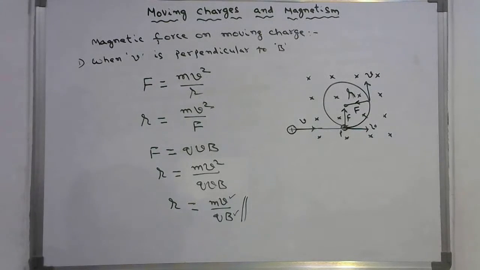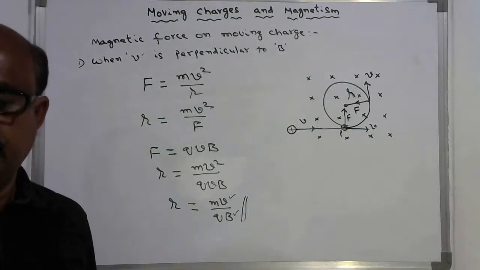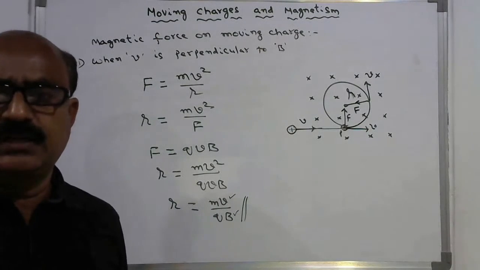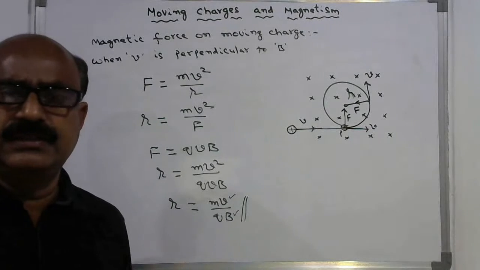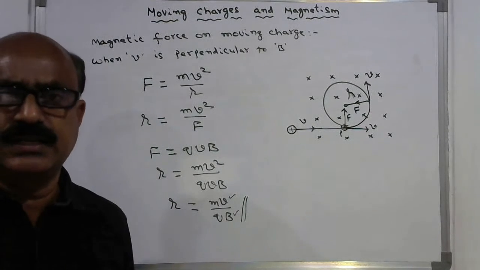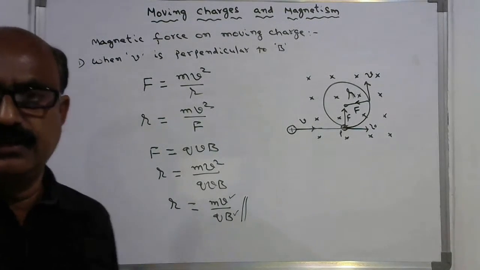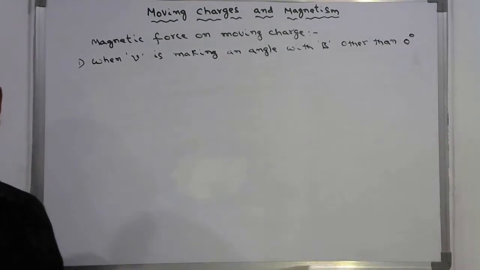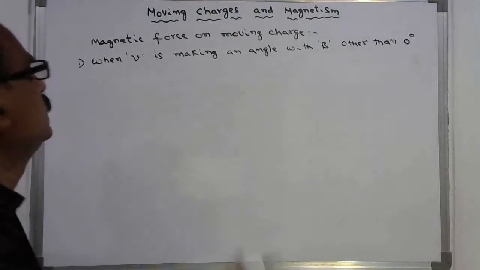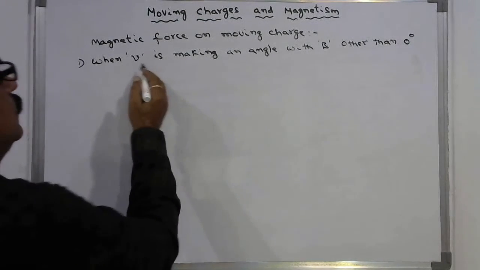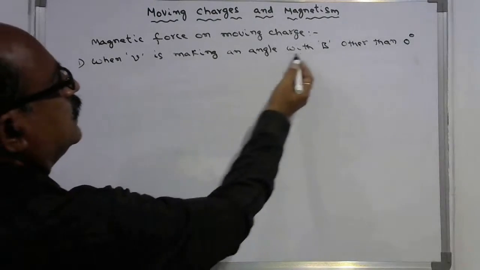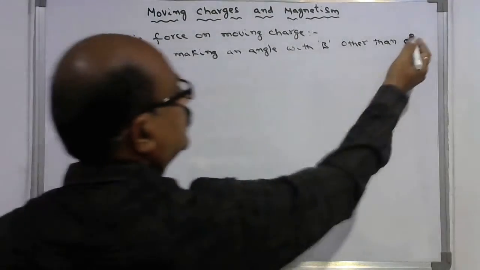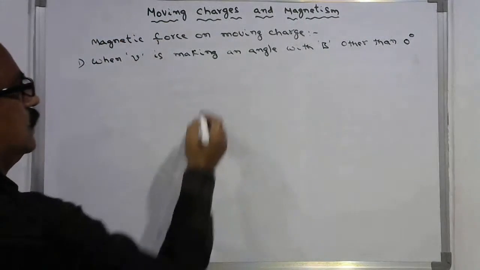If V is making some angle theta with the magnetic induction, other than 0 degrees, let us see what happens. Suppose the moving charge V is making an angle with B other than 0 degrees.